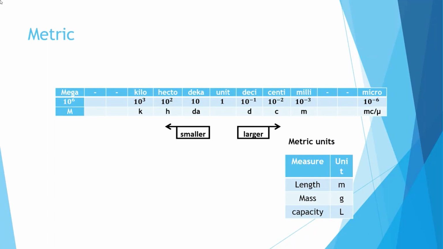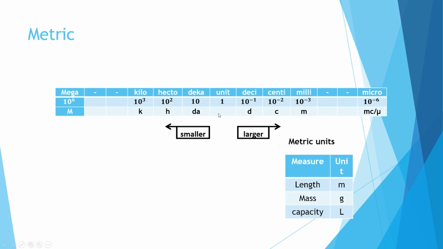So here is the metric system. And with the metric system, what you can do is basically just move the decimal. So you have mega, which you're not going to see in here, but you might see it elsewhere. Kilo, that's 1,000. Hecto is 100. Deca is 10.